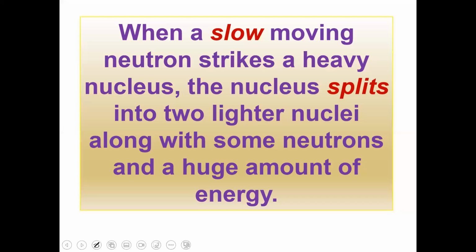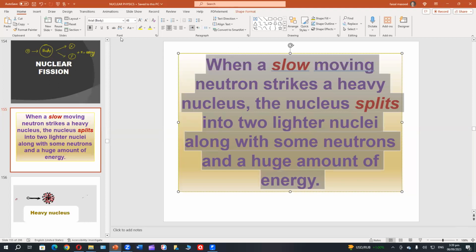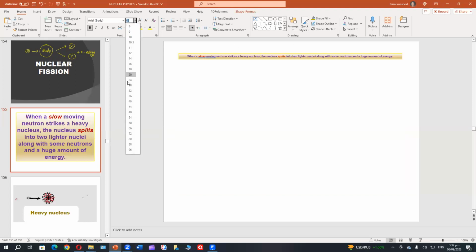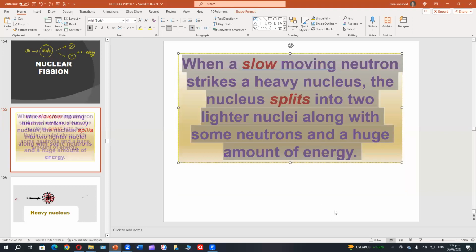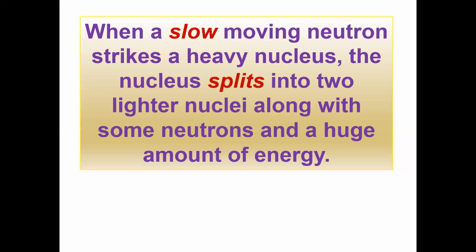So what is nuclear fission? When a slow moving neutron strikes a heavy nucleus, the nucleus splits into two lighter nuclei along with some neutrons and a huge amount of energy. This is called nuclear fission. So nuclear fission is a process where a heavy nucleus breaks down into lighter nuclei, but the process releases a huge amount of energy. You have to now copy this.